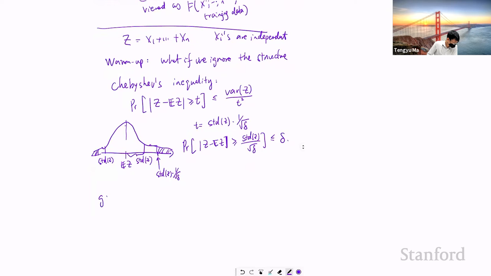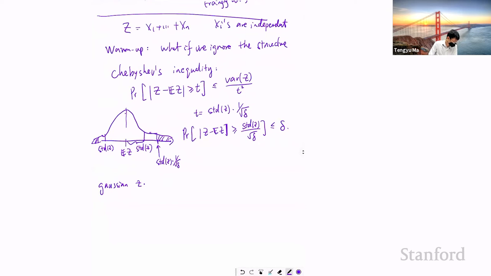So if you think about a Gaussian distribution, suppose you know z is Gaussian. Suppose z is something like from 0, 1. Or maybe it doesn't matter whether the mean is 0. Let's say the mean is mu.